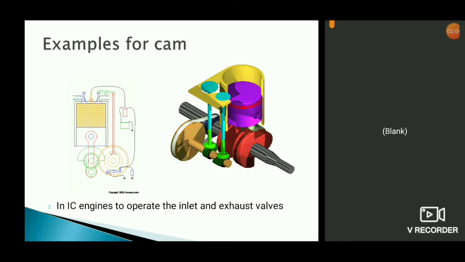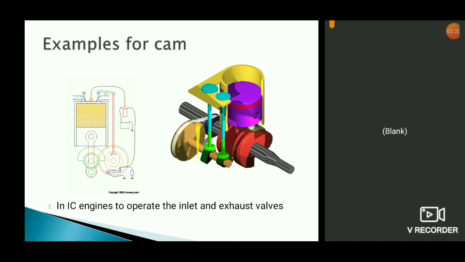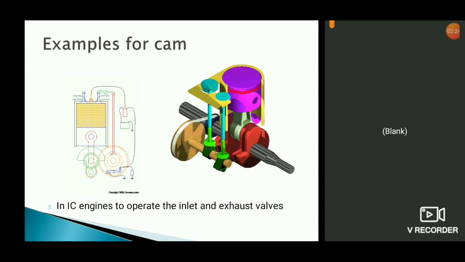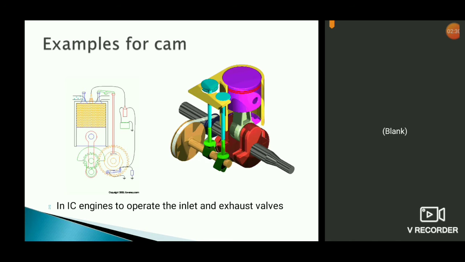The cam is rotating, and due to its rotation the follower is translating, or just reciprocating up and down. So the rotary motion is converted into a translation, or we can say just a linear motion. This is an example.